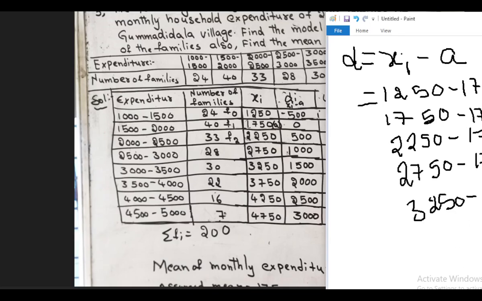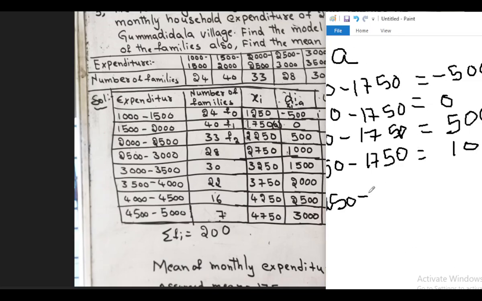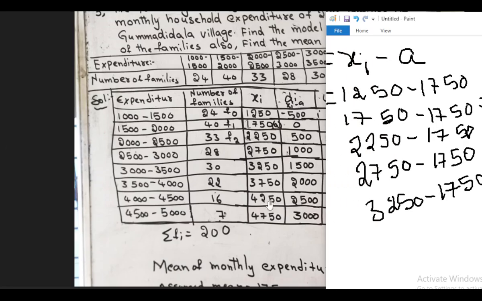From there, if we subtract 1750, we get 1500 as the next class deviation.